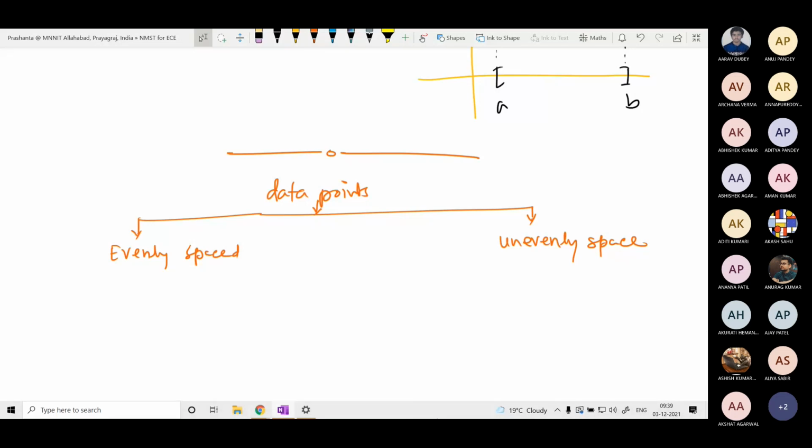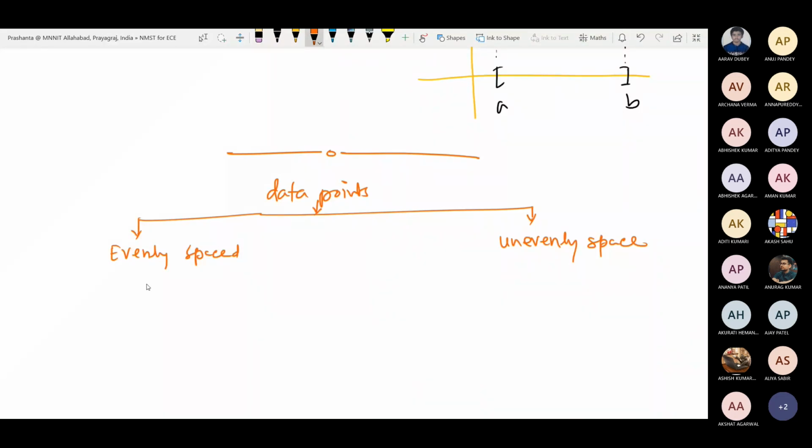Okay, so the data points are classified into two parts, evenly spaced and unevenly spaced. So evenly spaced means the x values, which are called nodes. If the nodes are at a regular interval, the difference between two consecutive x values is fixed for all the data points, then the data points are called evenly spaced.